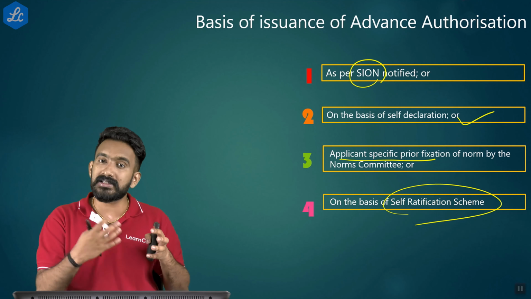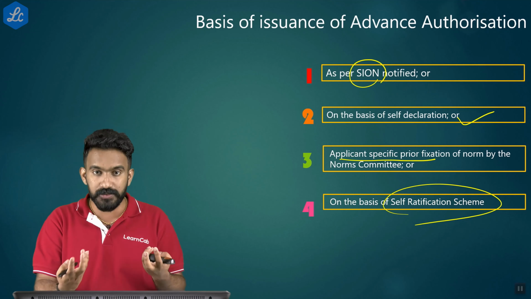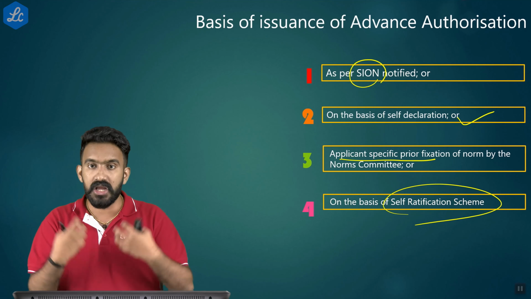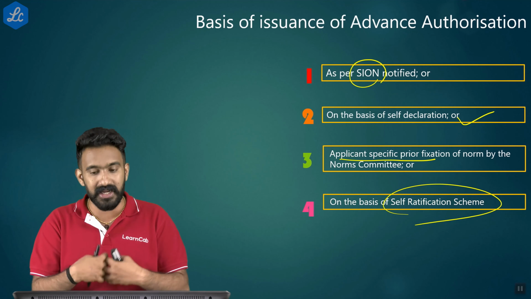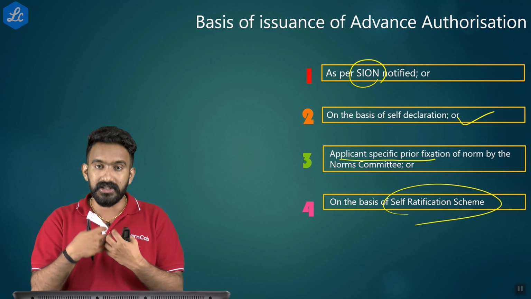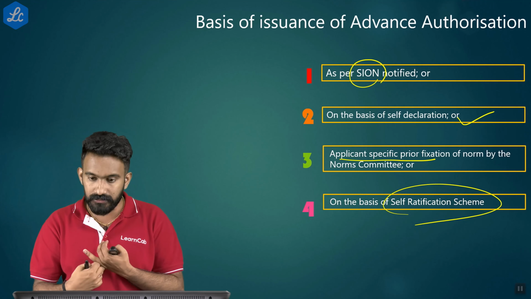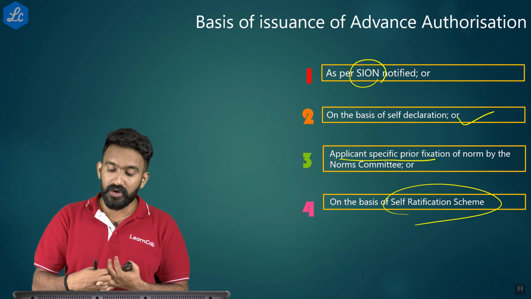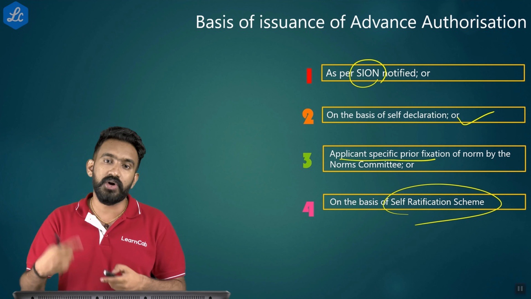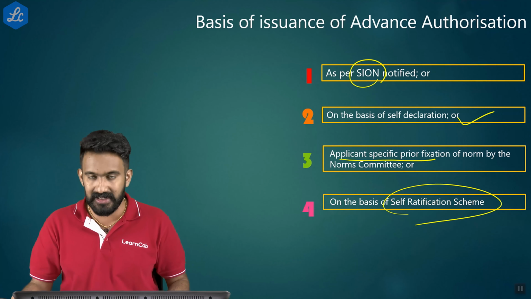So, if I want something more than that, then I have an option: go for self declaration. Or I don't have a norm for my product, then I can apply and get it, or I can ask for an applicant based norm. If that is there, then go ahead with that. Or I can go for a self-ratification scheme wherein I declare and then get it ratified later.